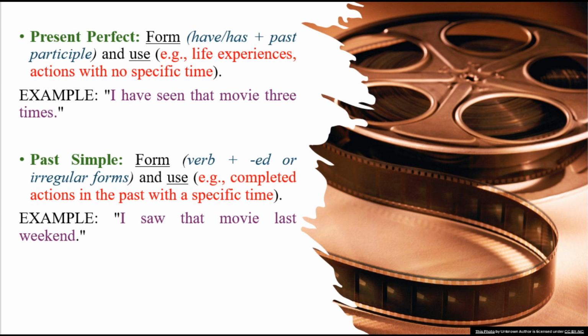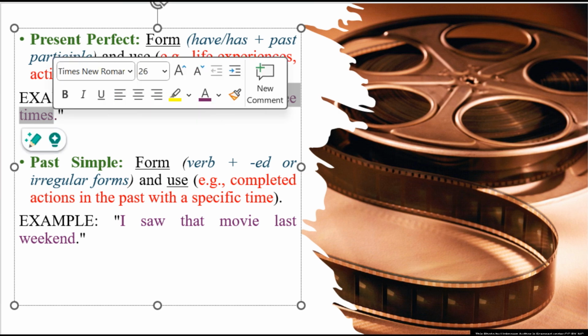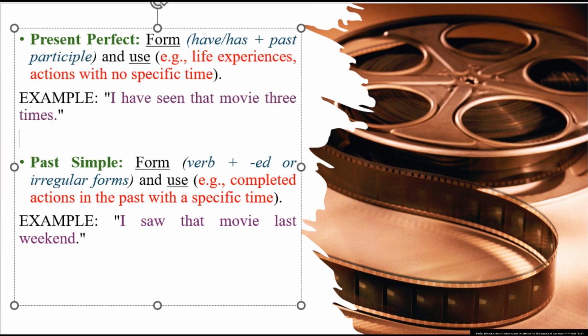And for another example of present perfect, I prepared this for you: I have seen that movie 3 times. The very important part is this: 3 times. I used a time adverb in this sentence, which means I have watched it 3 times.